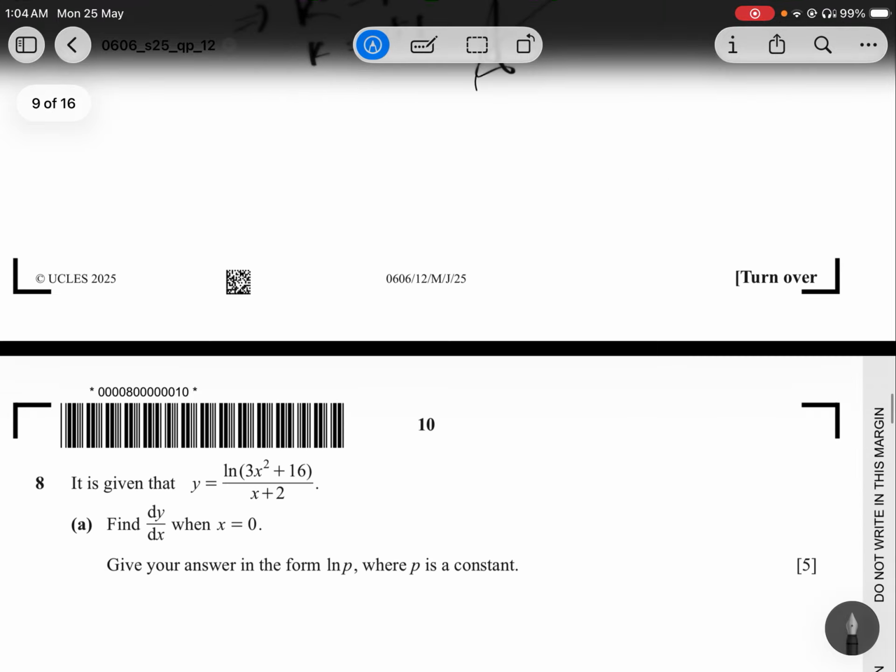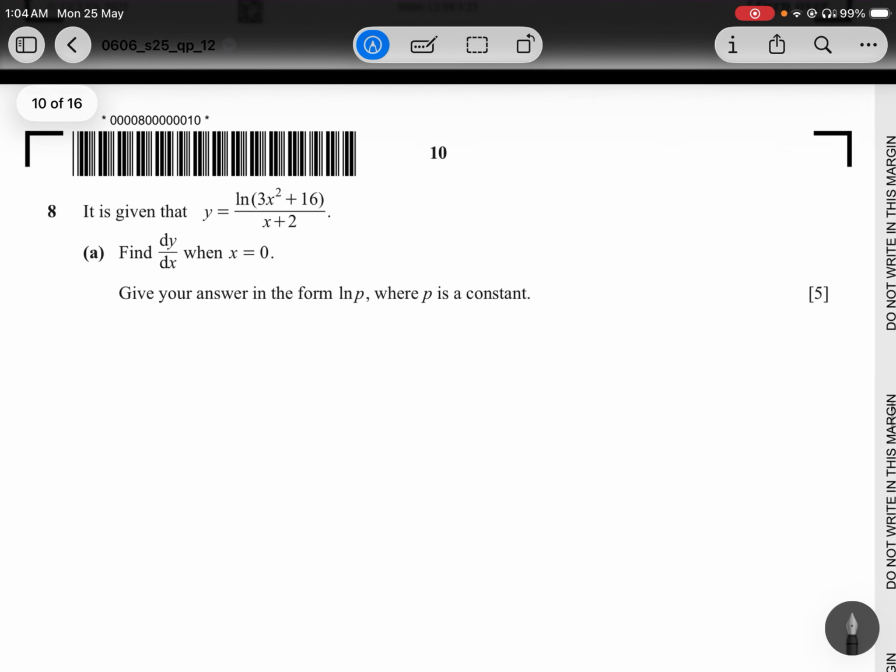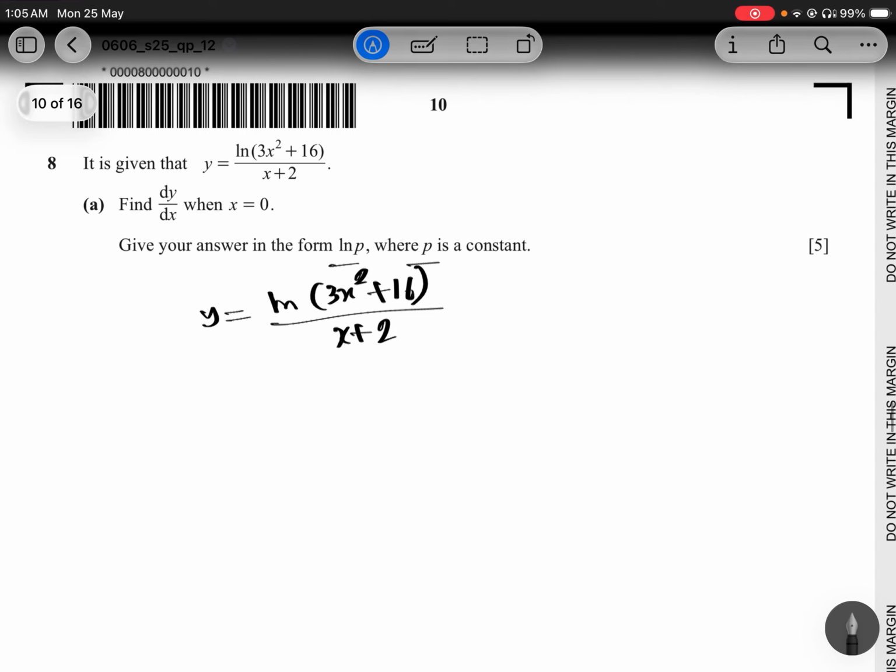Okay, how many left? Question 8. Find dy/dx when x is equal to 0. Give your answer in ln of p where p is a constant. Nice. y = ln(3x square plus 16) over (x plus 2) whole square.